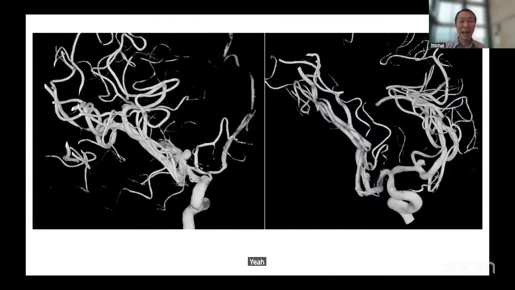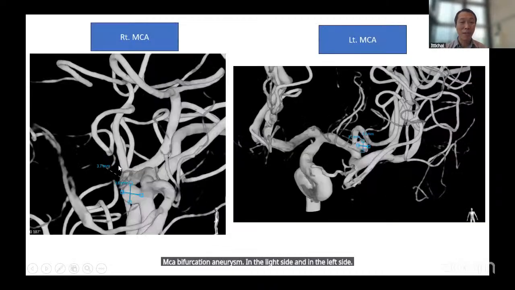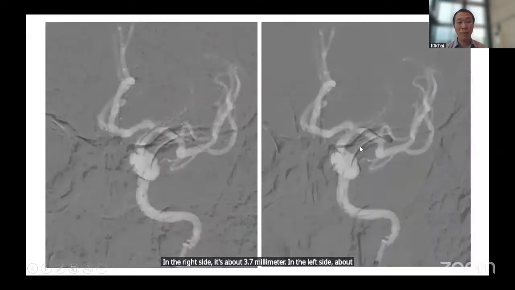Yeah, this is the last case that I want to show about my strategy. This is a bilateral MCA bifurcation aneurysm, on the right side and the left side. On the right side, it's about 3.7 millimeters. On the left side, about 3.1 millimeters. On the left side, I just treated it with simple coiling, no problem.